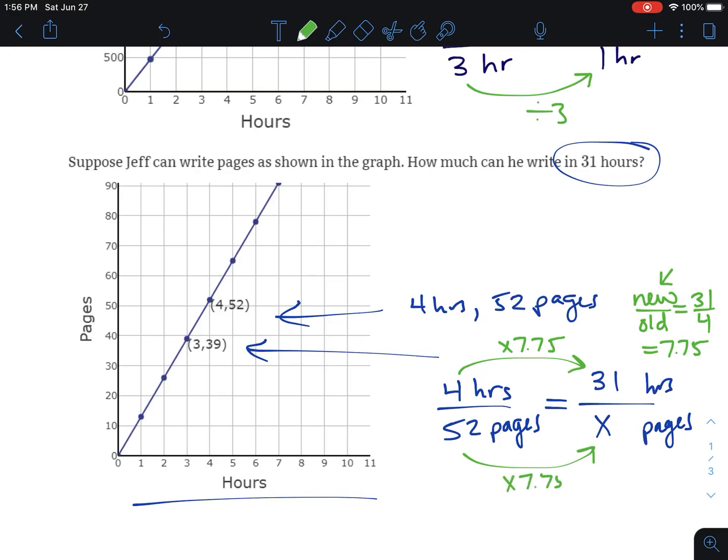Just leave it on your calculator and then just do times the other number we're looking for. So this is 52 times that equals x. So you can just keep it on your calculator and hit the times button, 52, and you'll get x, which is 403 pages, which should make sense because Jeff's going to be able to write more pages if he has more hours, right? If this number was smaller than 52, that wouldn't make any sense.